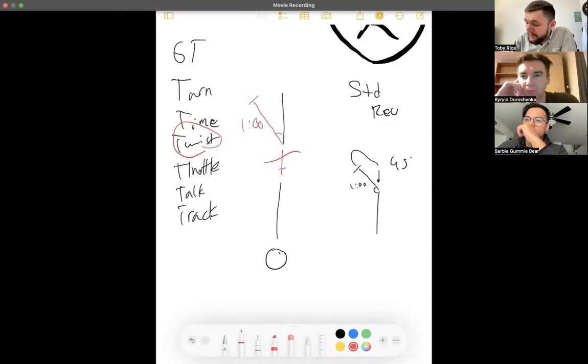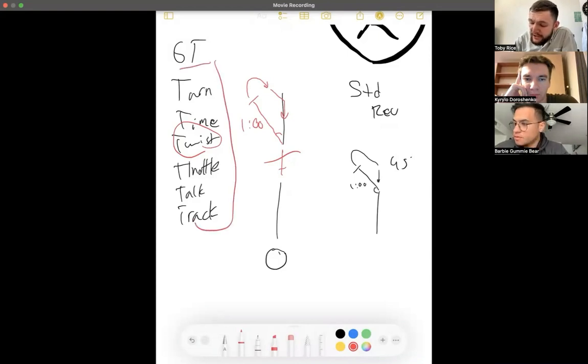And then after that, you turn back around and intercept. And of course, do your 6 T's, make sure you twist once you start turning right here. That way you can join the 180 inbound.